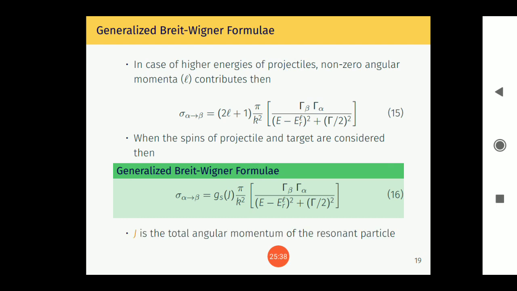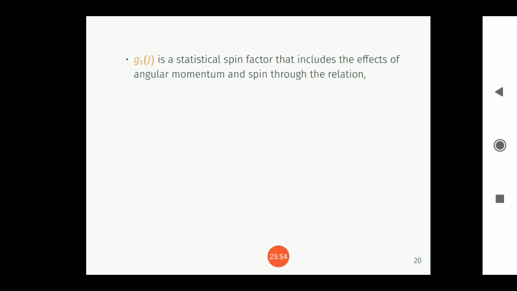In this expression, J represents the total angular momentum of the resonant particle. A resonant particle arises when the compound nucleus is formed through the reactants. So this J is the total angular momentum of that particle.